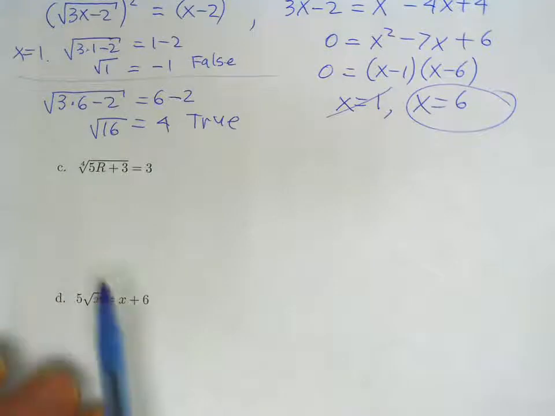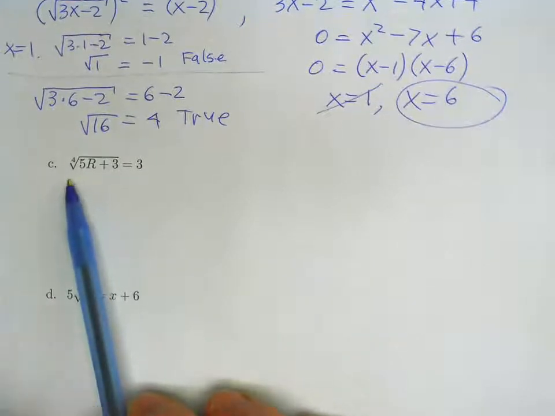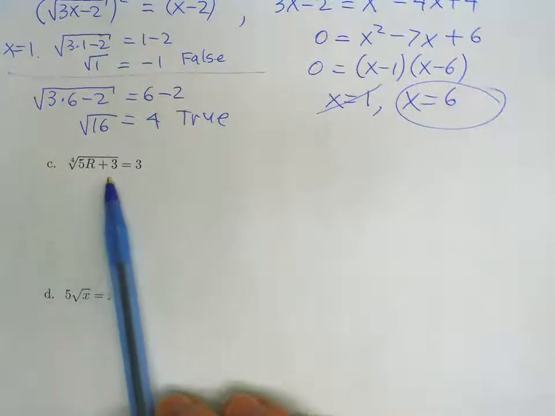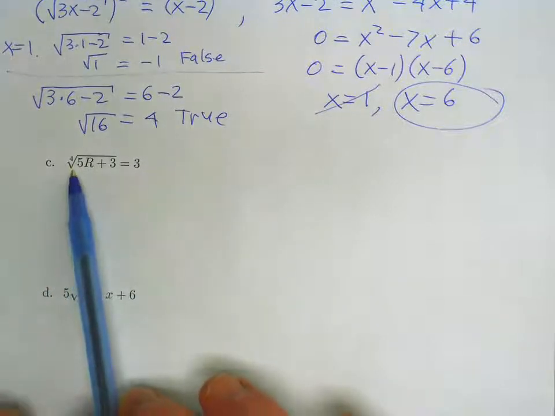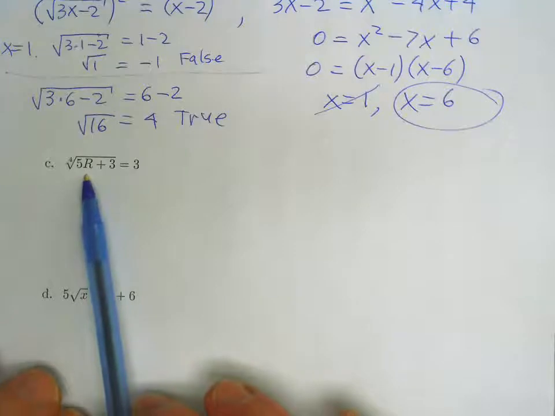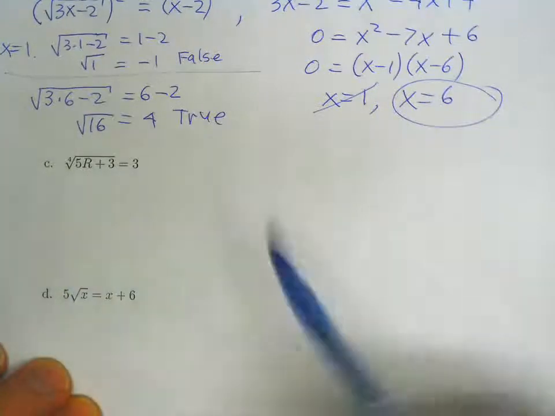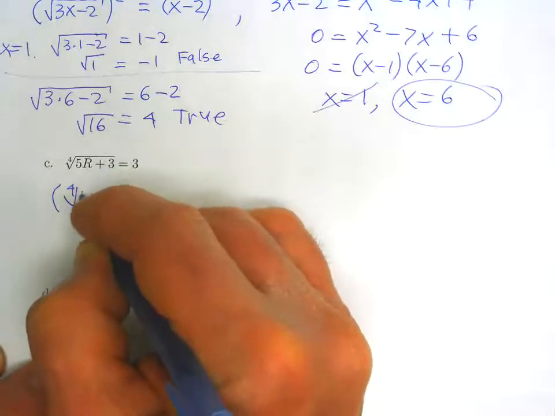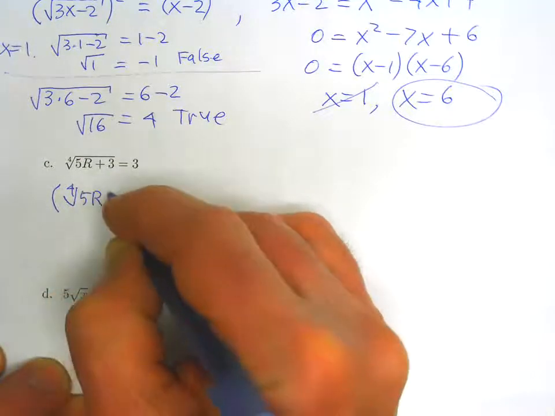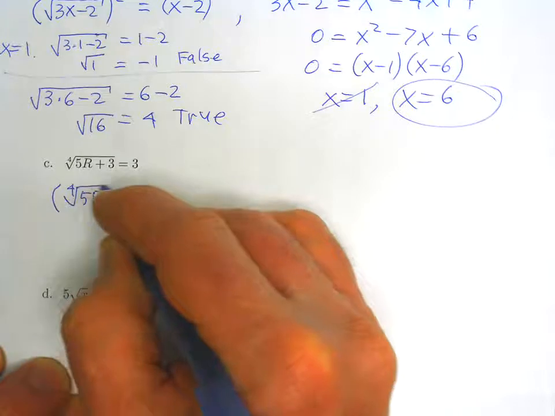Okay, a couple more. This one is the fourth root of 5r plus 3 equals 3. Since the index is 4 and the variable we want to solve for is inside the radical, we want to raise both sides to the 4th power to get the variable out of the radical.